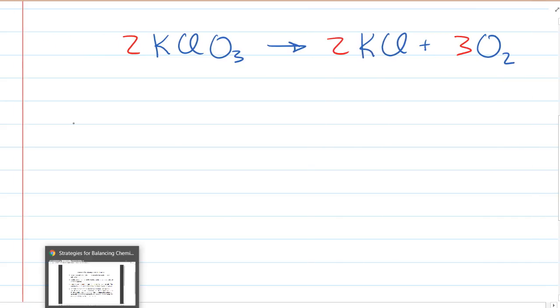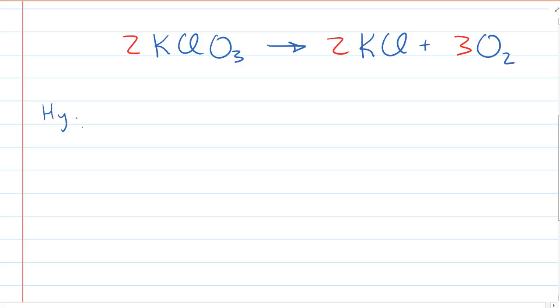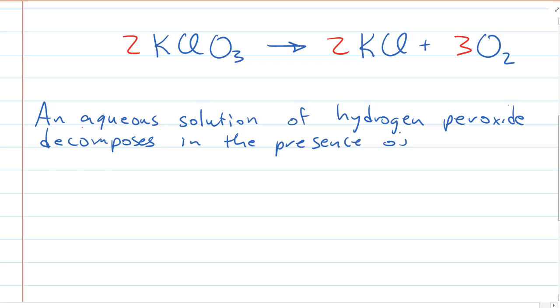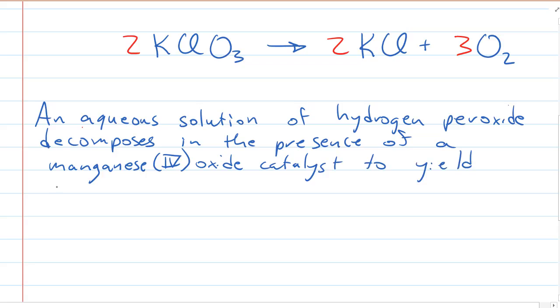We'd say that an aqueous solution of hydrogen peroxide decomposes in the presence of a manganese(IV) oxide catalyst to yield liquid water and oxygen gas.